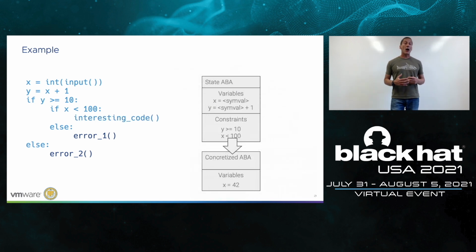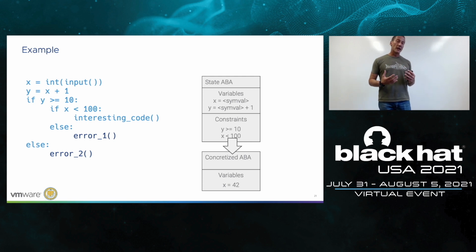But at this point, we are at the interesting code. And so we can now concretize this state, and we can ask the solver, hey, give me a value of x that will drive the execution of this code to this point, to the interesting code. So you can avoid testing for the errors, you just get to your code, you have your state, and you get the magic value that will lead you to the place where you want.